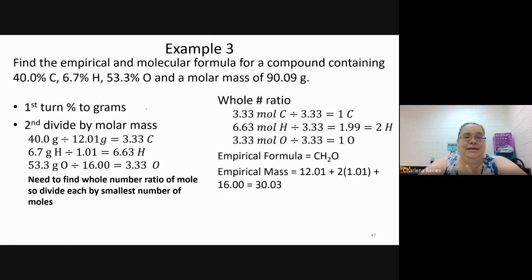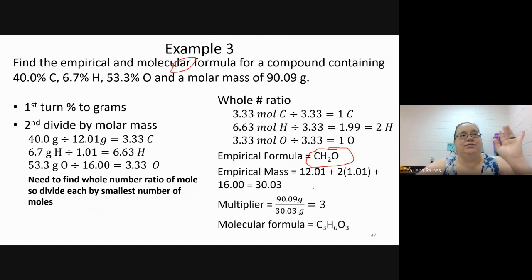So 90 divided by 30 gives me 3. That means I have to take my empirical formula, and I multiply each of those subscripts by 3. So we get 3 carbons, 6 hydrogen, and 3 oxygens.